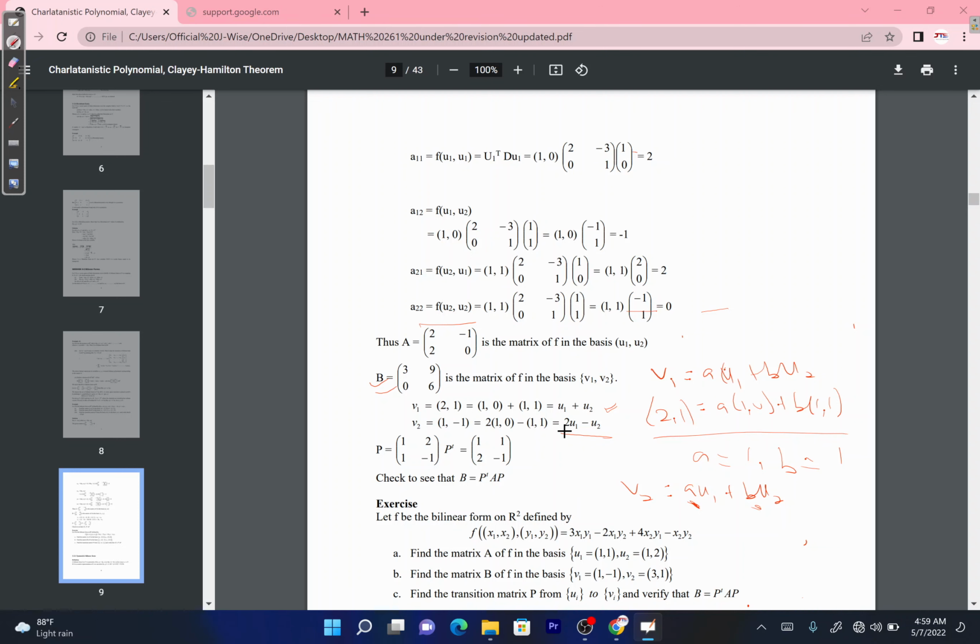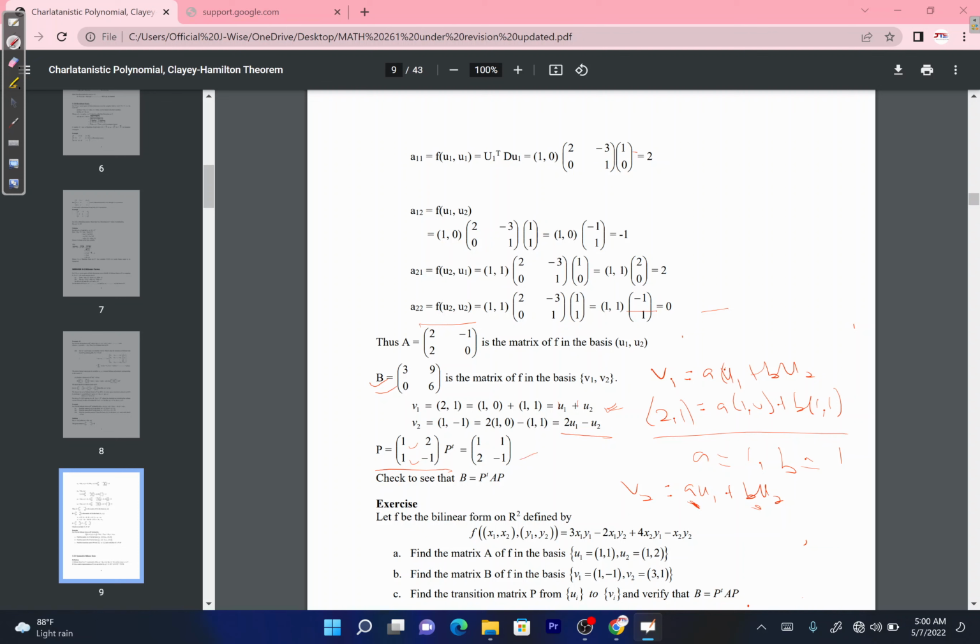Now v1 is the same as u1 plus u2, and the coefficients will be the elements in the first column of the transition matrix P. So we have 1, 1 here. The same thing applies to v2. We have 2, -1, so that will be the elements in the second column. So this was our transition matrix P.